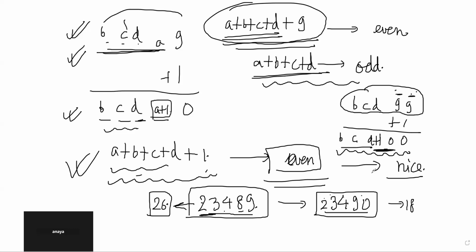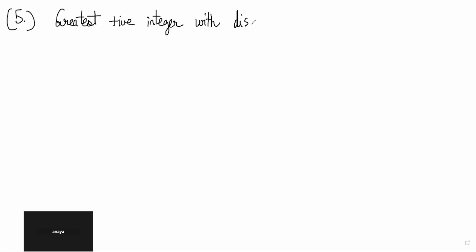Okay. The next problem was: find the greatest positive integer with distinct digits such that the sum of any three of its digits is different from 19.